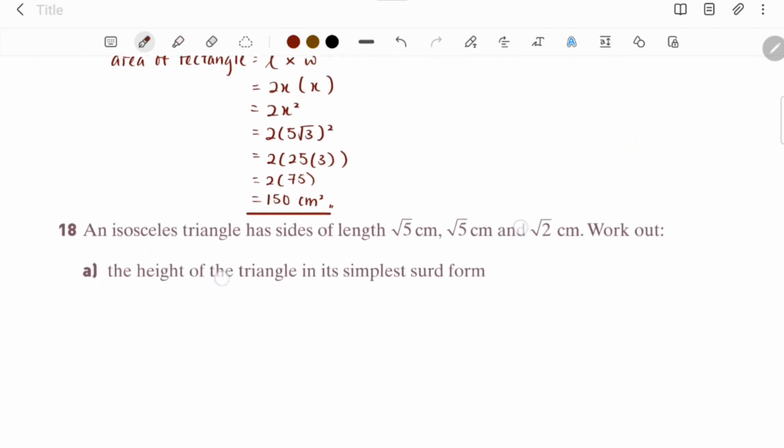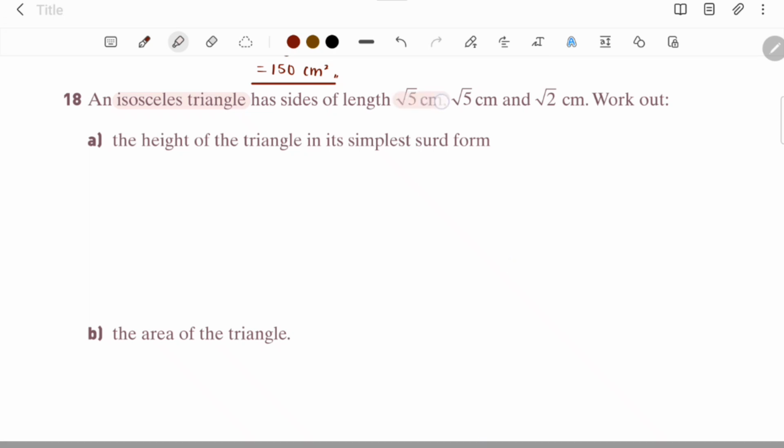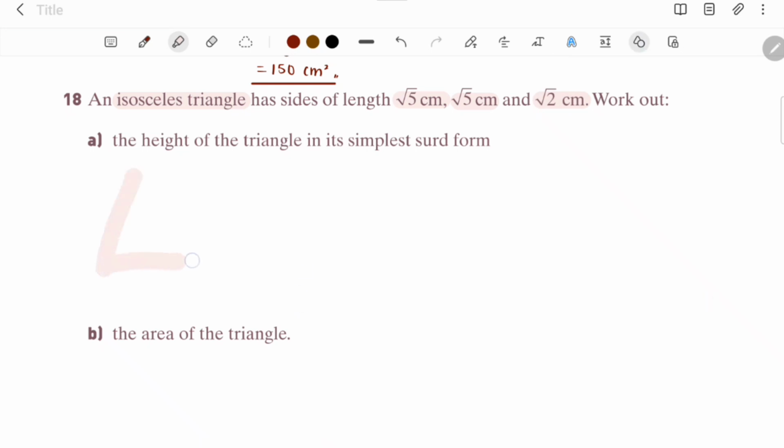Okay, number 18. An isosceles triangle has sides of length surd 5 cm, surd 5 cm, and surd 2 cm.